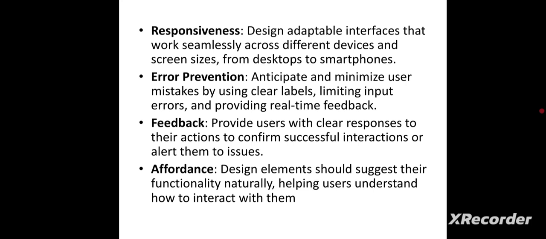Next, feedback. The system should provide immediate responses to user actions, such as loading indicators, success messages, or error alerts. Affordance means a design element should visually indicate its functionality. For example, a button should look clickable and a link should appear interactive.